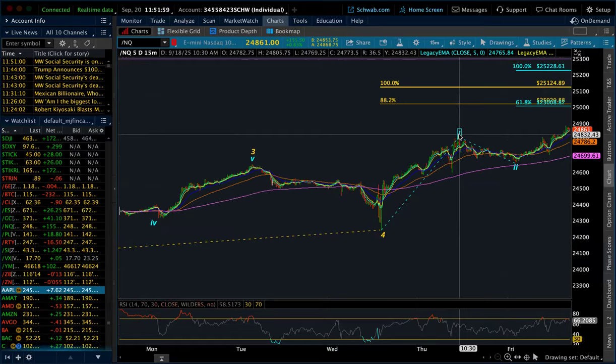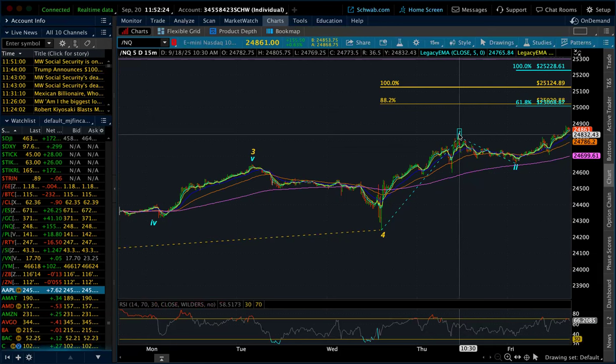Wave 3 is normally the longest and the strongest, but here's the rule. What it cannot be is the shortest out of waves 1, 3, and 5. So if it's going to come in shorter than wave 1, the pressure is on that fifth wave not extending. The pressure is on that fifth wave coming in really short.